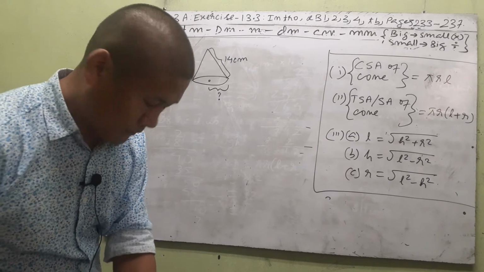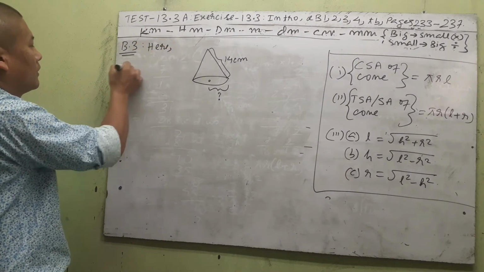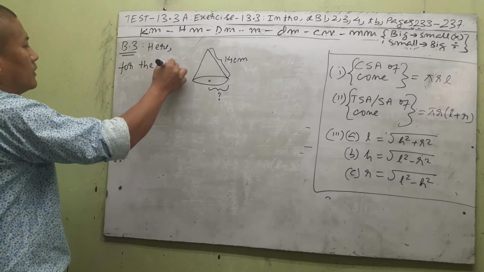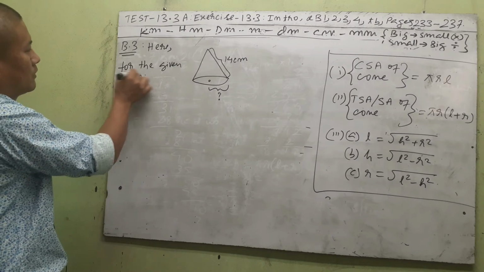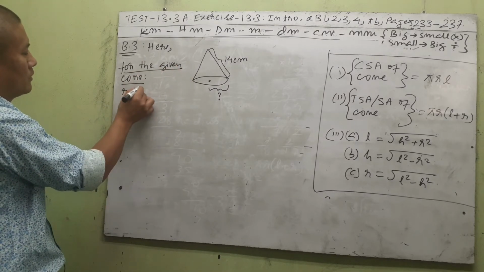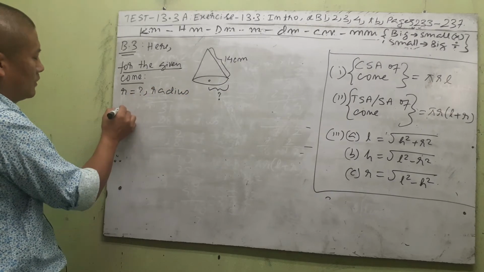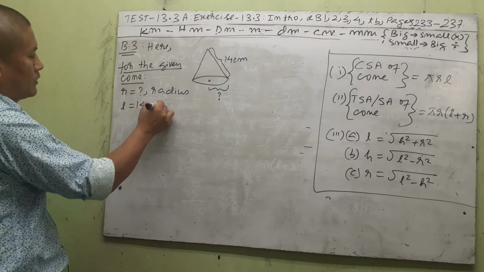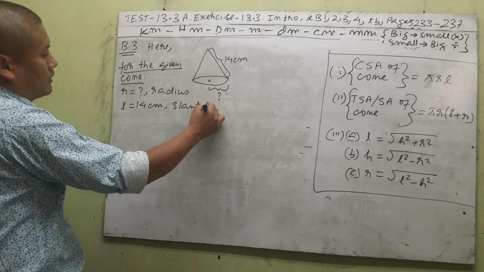So we write here for the given cone, R is unknown, its radius, we have to find that. Then L is given 14 centimeter. The slant height.